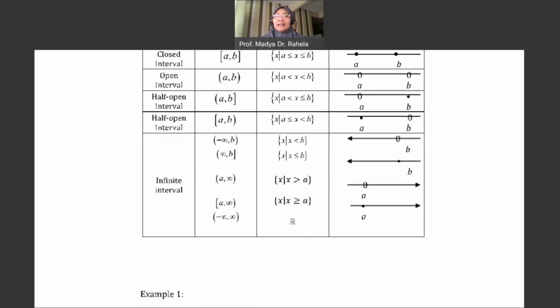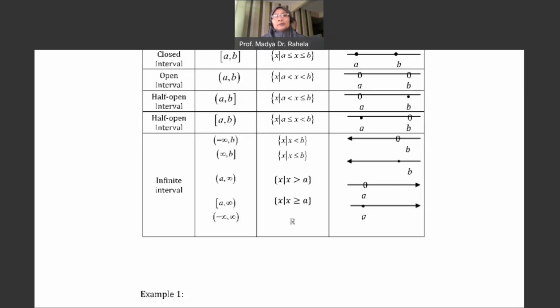On the B side, it is a blank dot because inside the set here, B is not included. X less than B.